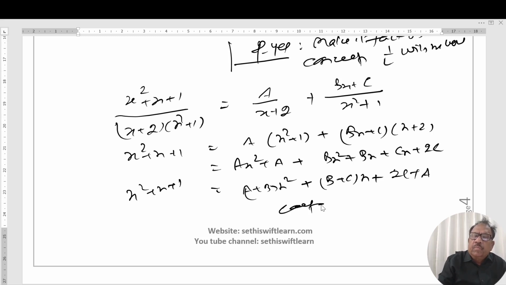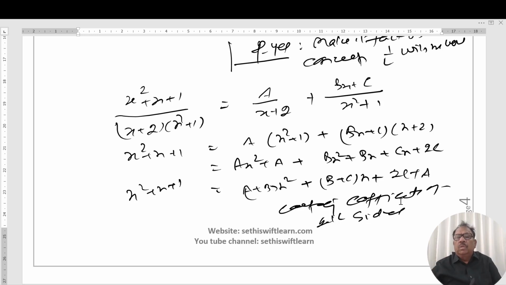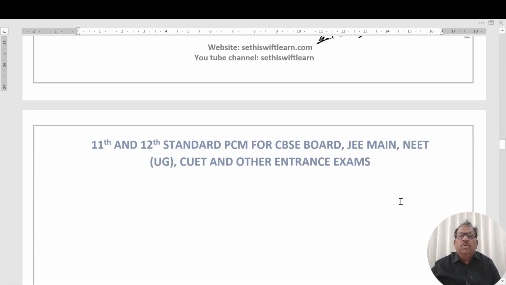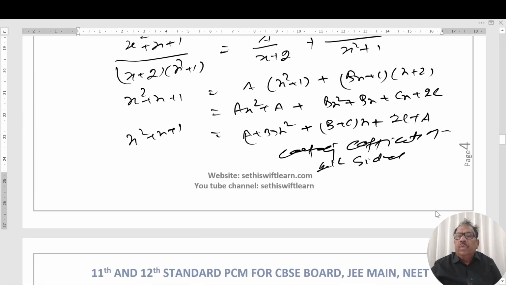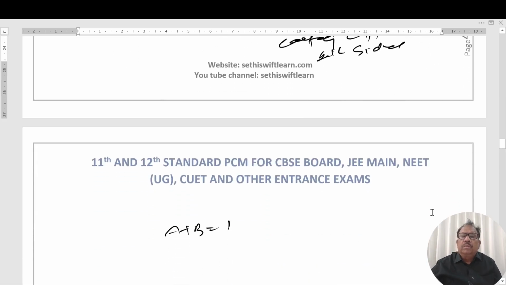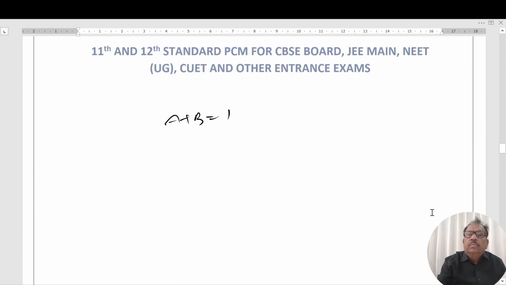Comparing coefficients of both sides: A plus b equal to 1, b plus c equal to 1, and 2c plus A also equal to 1.